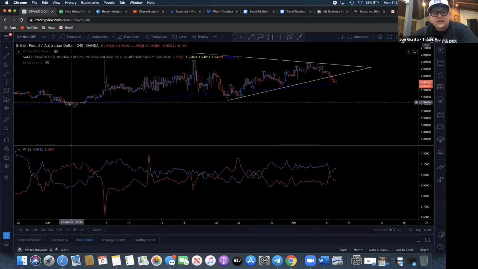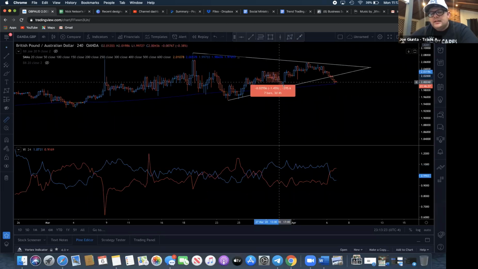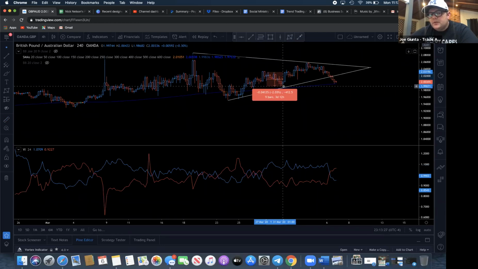I want to show you that. Look how powerful that is. From here to here is 412 pips. You dropped 412 pips in the market, and the sell pressure isn't even close to the buy pressure. You with me, guys?